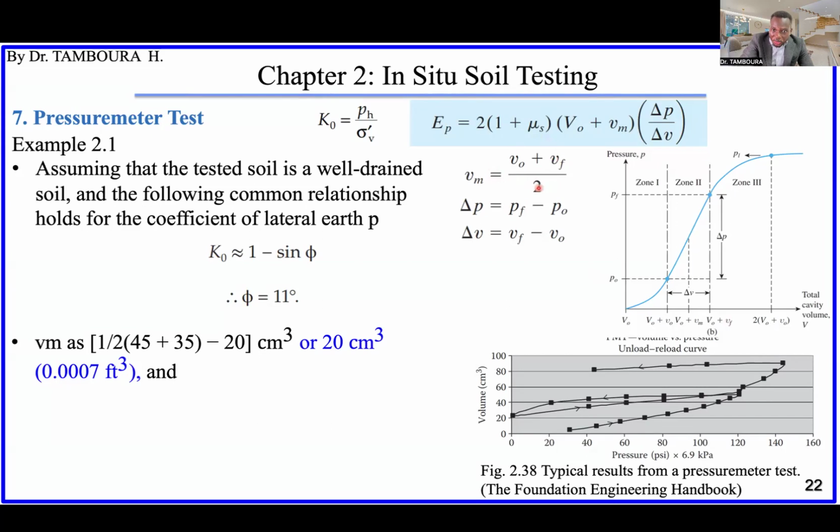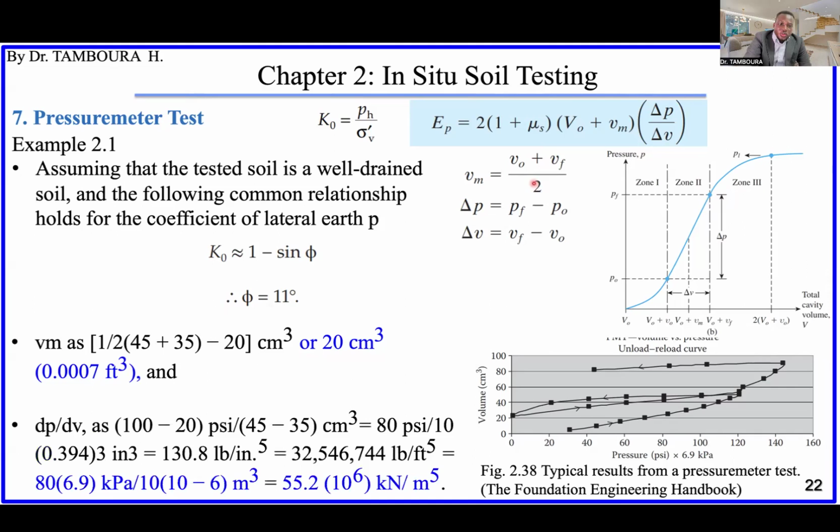This is the formula here, okay? You will see that you will obtain exactly this plus this capital V0. Then by doing minus this 20, which is the initial volume, you will obtain exactly this.